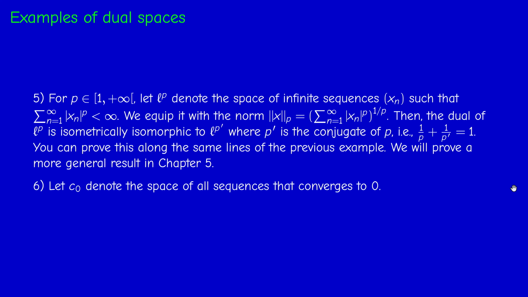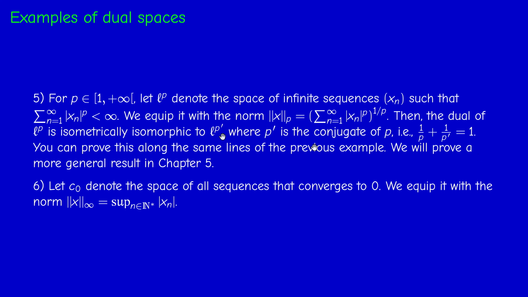Okay, and yeah, I did that. I gave that as the last example. Actually, I gave it last year as an examination question. So we consider the space of all sequences that converge to 0, denoted by small c sub 0.